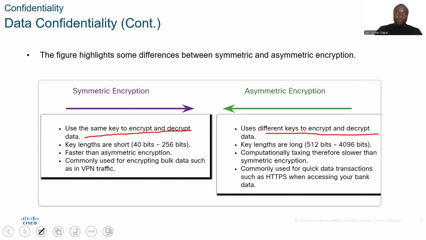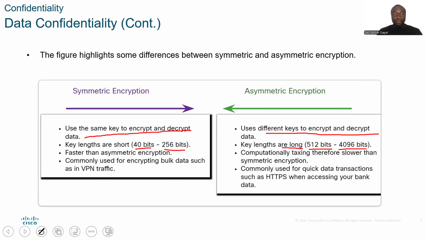For symmetric, the key lengths are short, between 40 bits and 256 bits. But for asymmetric, the key lengths are very long, between 512 bits and 4096 bits.